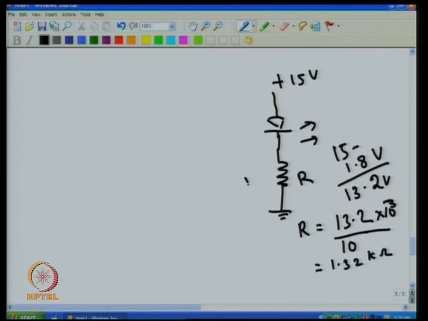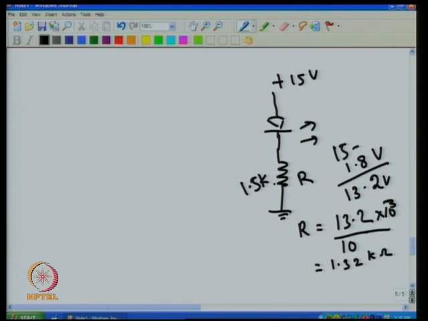So if I put 1.32 K resistance here, then I will see 13.2 volt across this and 1.8 volt across the LED, and the LED glows and it will not go bad. Maybe the practical value 1.32 K resistance you will not get. So the nearest acceptable value can be 1.5 K or it can be 1.2 K. We will put 1.5 K. The current will be a little less, it does not matter because we have no other choice.